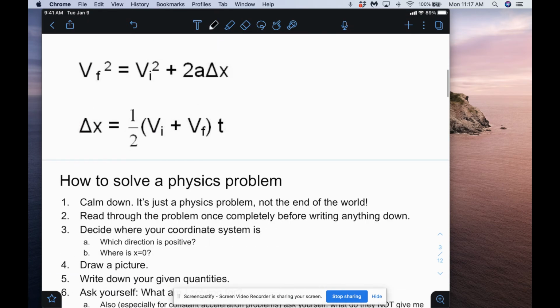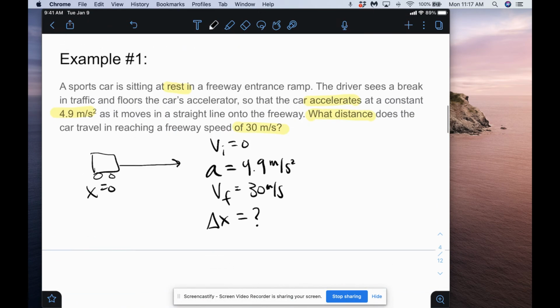So I'm going to write that down. I have my v final squared equals v initial squared plus 2 times acceleration times our delta x, our displacement. And then I'm going to solve this equation for the unknown variable. Now you can plug in your numbers here, that's totally fine. I like to solve first, and I also plug in my 0, which is a common occurrence here: either your initial velocity or your final velocity is going to be 0.